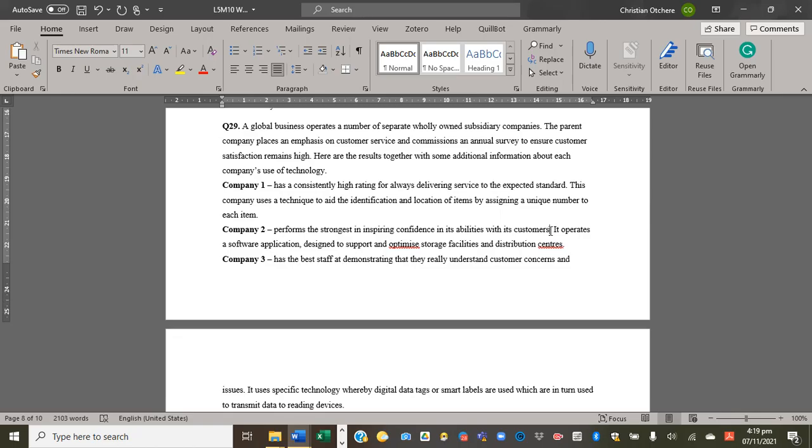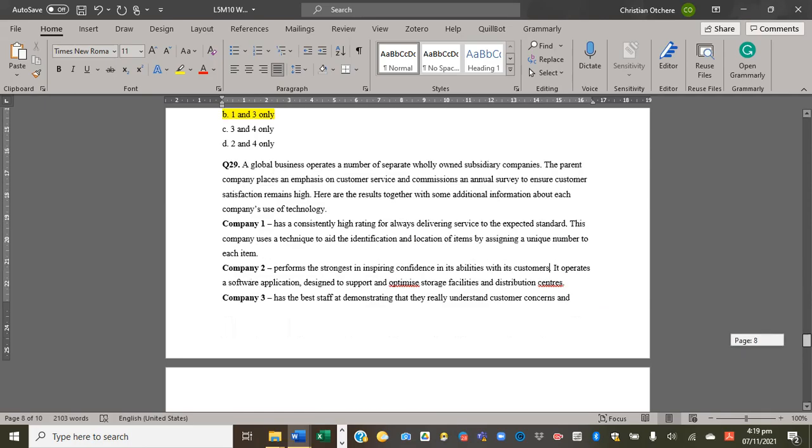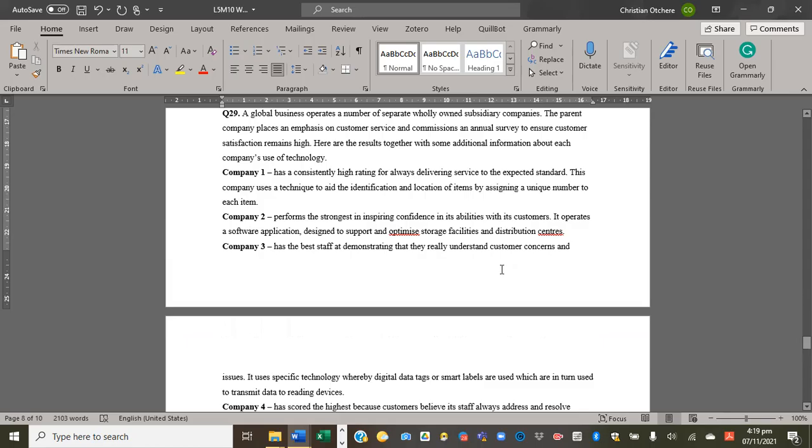That's assurance. Okay. Then it operates a software application designed to support and optimize storage facilities and distribution centers. So we have warehouse management systems, even without the options. That's good.